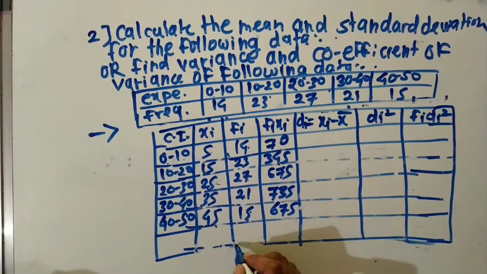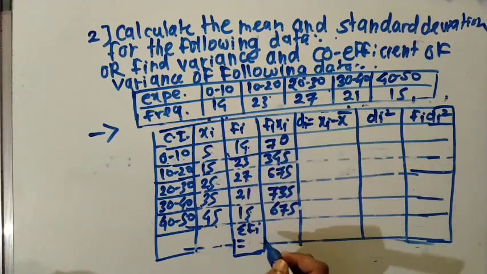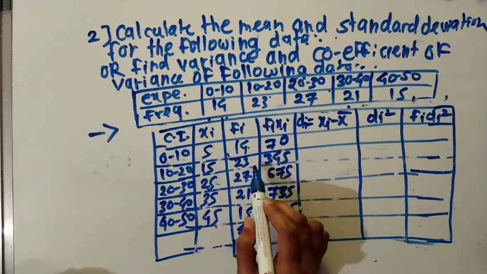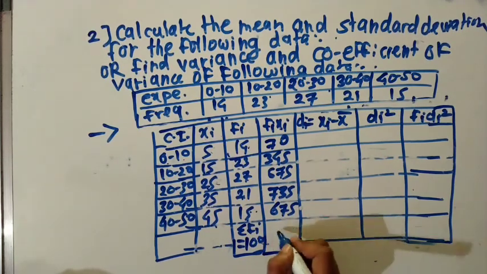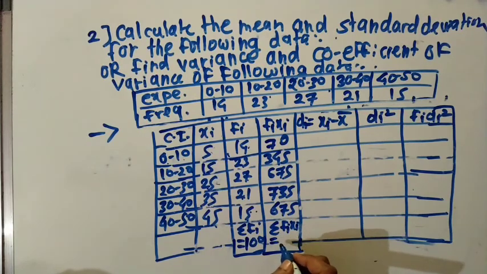Then find out summation of fi, all this summation is 100, and summation of fi xi is equal to 2500.